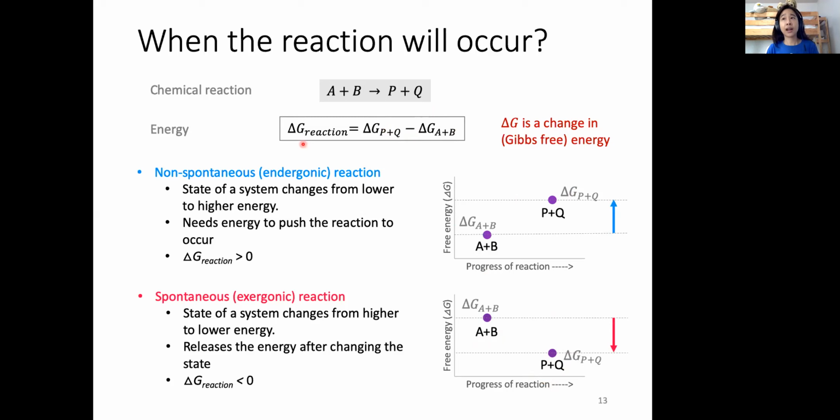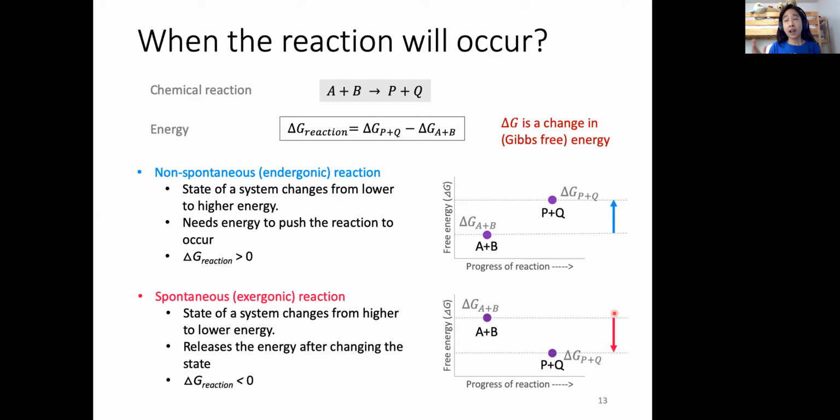This means that your reaction actually releases some energy to the environment. It does not need any energy. It can happen just by sitting around, and it even gives energy to the environment, so it can occur spontaneously, and we call it an exergonic reaction.